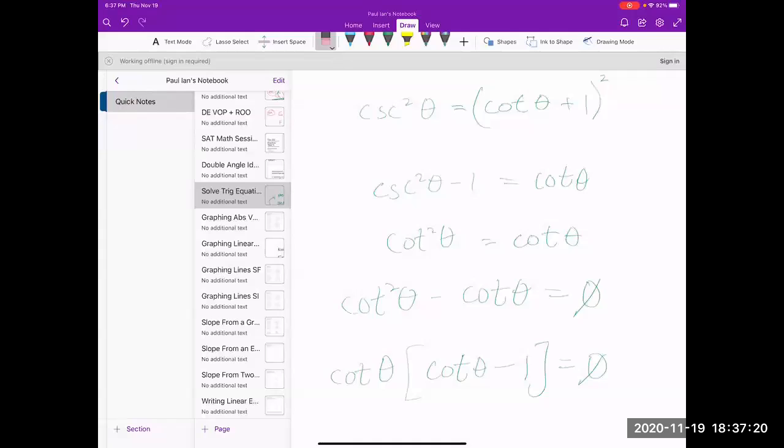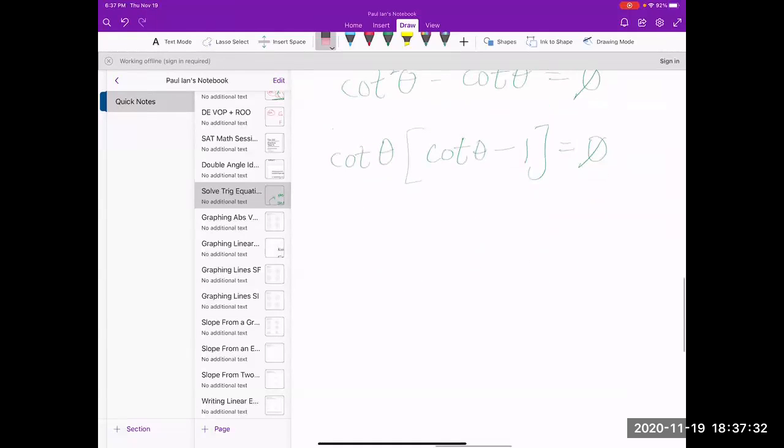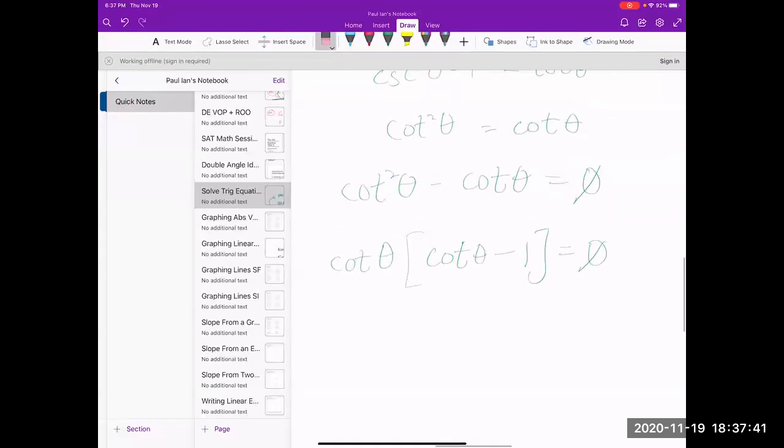Let's see if you can do that one and see if you get the same answer. There's another way that you could do this, but how did you do this one? Cosecant squared equals cotangent squared plus 1.